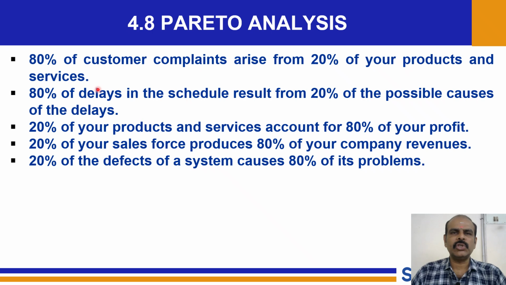So 20% of the products created 80% of the issues. 80% of the delays in the schedule result from 20% of the possible causes of the delay. 20% of your products and services account for 80% of the profit. 20% of your sales force produces 80% of the company's revenue. 20% of the defects of a system cause 80% of the problems.